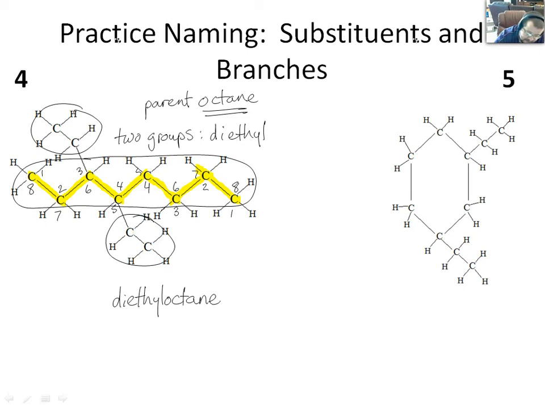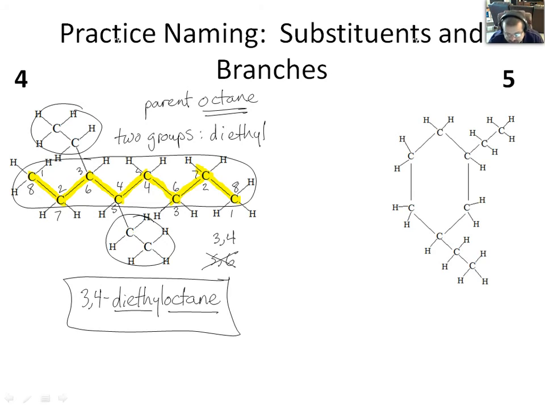Numbering left to right gives me 3, 4. Going right to left gives me 5, 6. So I'm going to take the lower set of position numbers and number from the left-hand side to the right-hand side and give the position numbers 3, 4, diethyl octane. So there's our name for that molecule.